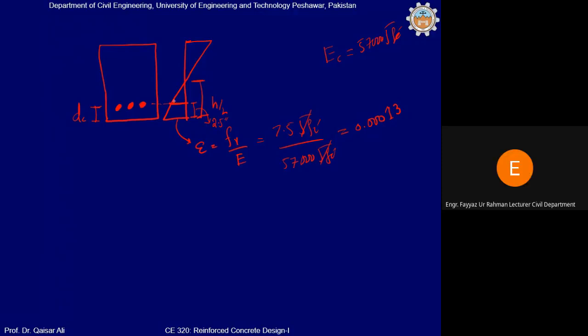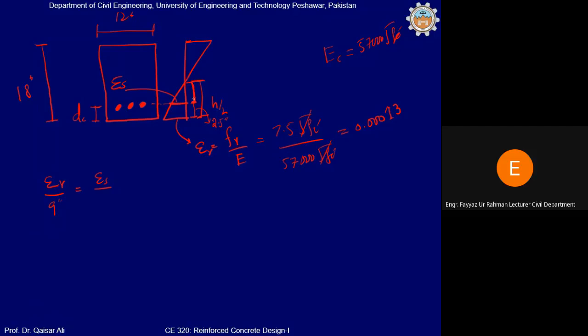Okay, from this you can calculate the strain in the tensile reinforcement by similarity of triangles. For example, this is ER, so ER divided by h by 2. For example, if we assume that the depth of the beam is 18 inches and the width of the beam is 12 inches, then ER divided by h by 2, which is equal to 9 inches, is equal to Es divided by this distance.